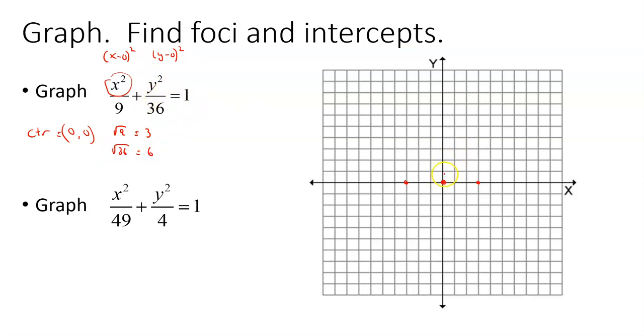So in the y direction, I go 1, 2, 3, 4, 5, 6 units up. That's one vertex. 2, 3, 4, 5, 6 units down. That's the other vertex. This is my ellipse. Right, best I can on a tablet, I'm going to graph my ellipse. So this time the major axis is vertical, minor axis is horizontal.